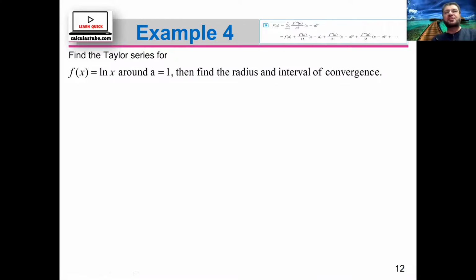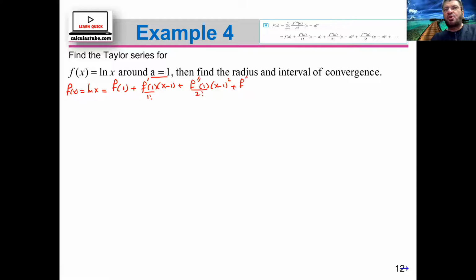Let's look at the ln function, the logarithmic function. Same thing, we say that f of x, which is equal to ln x, is equal to f of a, where a here is given to be 1, plus f prime at 1 times x minus 1 over 1 factorial plus f double prime at 1 times x minus 1 squared over 2 factorial.